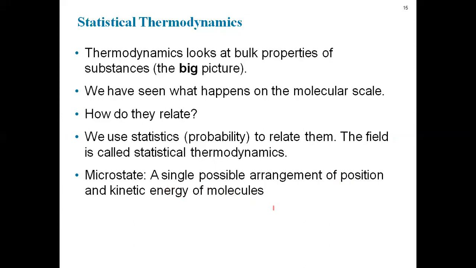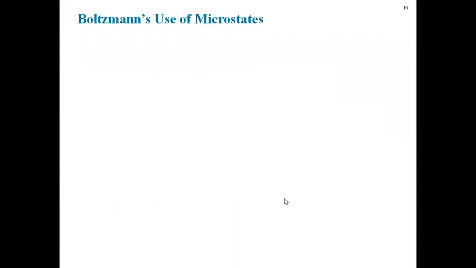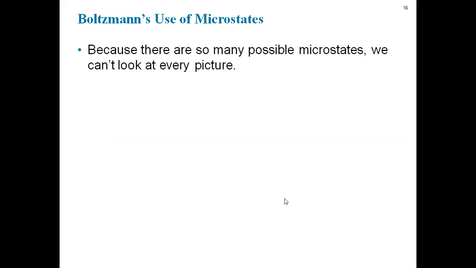This gives you the microstate. Some people try to make the microstate even more complicated, including the electron structure. That's some new interdisciplinary study. So Boltzmann is the first person who studied statistical thermodynamics, and he used the microstate.